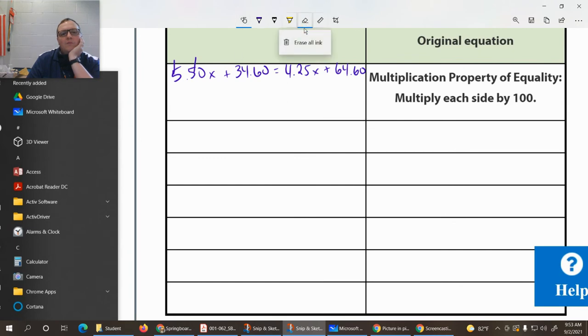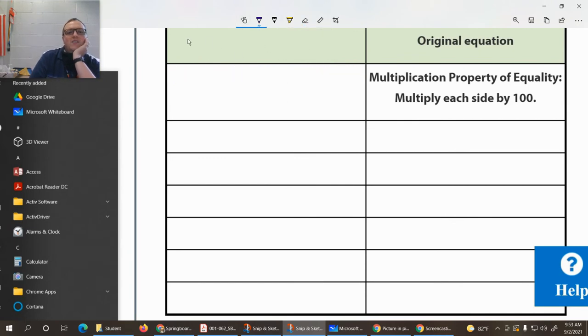Hold on. That needs to go up here. That is 5.50C plus 34.60 equals 4.25C plus 64.60. All right, so that's the original.